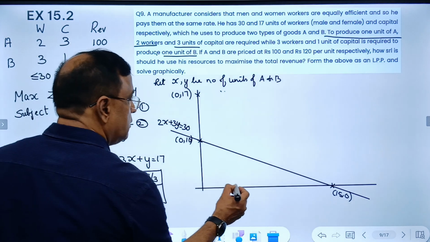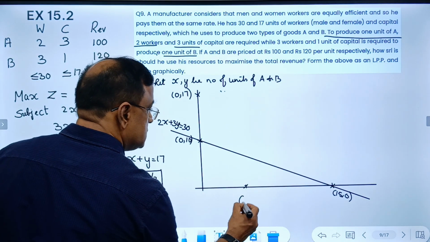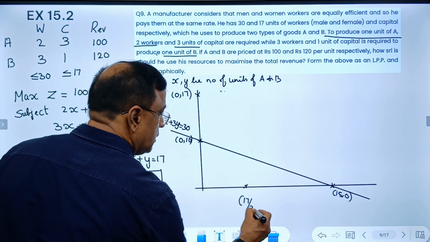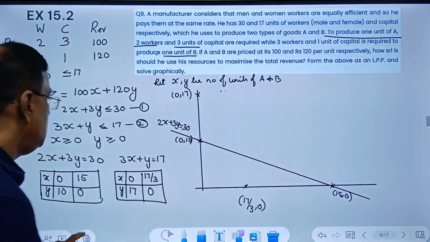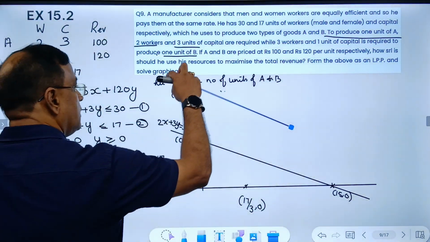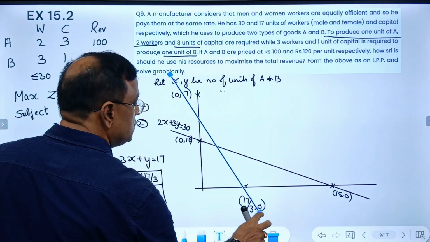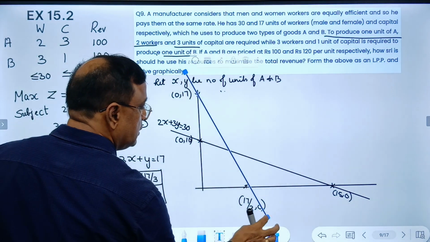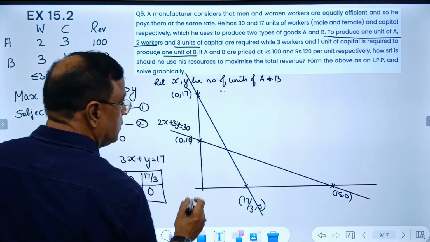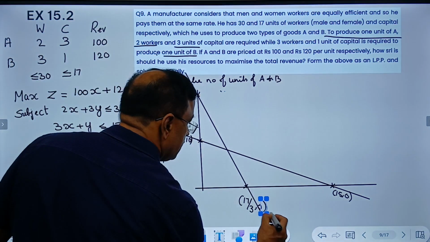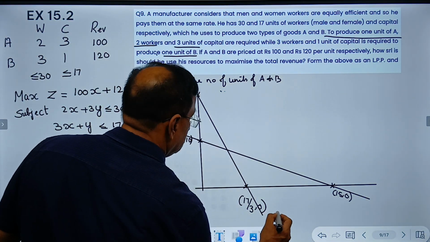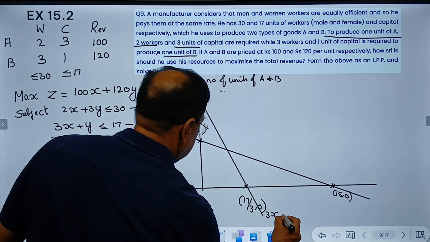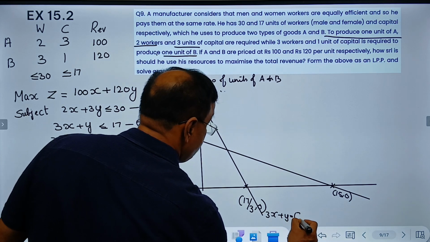So it will be somewhere here. So 17 by 3 comma 0. So let me draw the line. If I join this, I get the graph perfectly. So this is 3x plus y equal to 17.